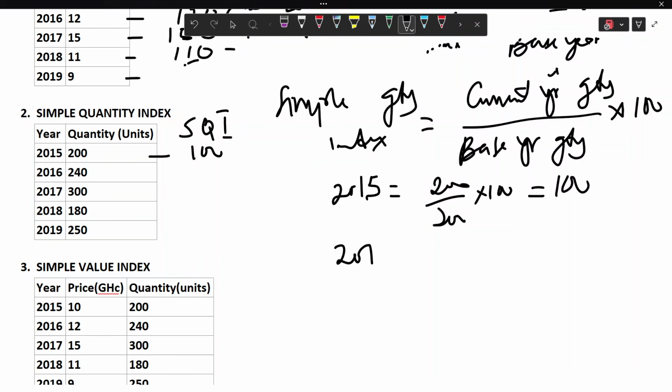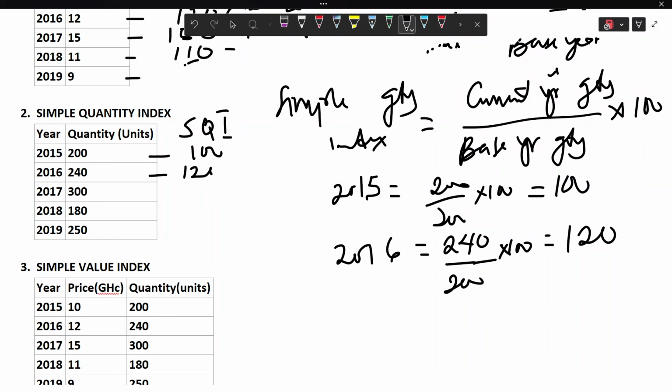And 2016, we have 240. But always bear in mind that irrespective of whichever year we use as the base year, we are going to get 100. That's one thing you should keep in mind. So 240 divided by 200 times 100 is 120. For 2016, we have a simple quantity index of 120.